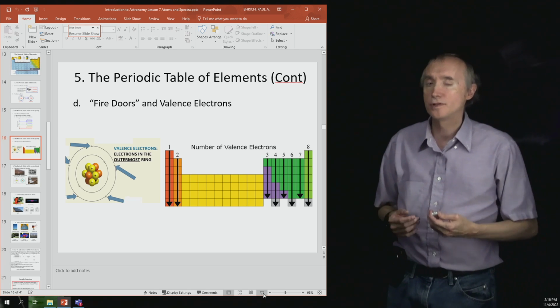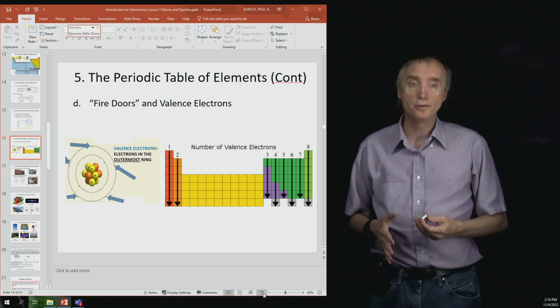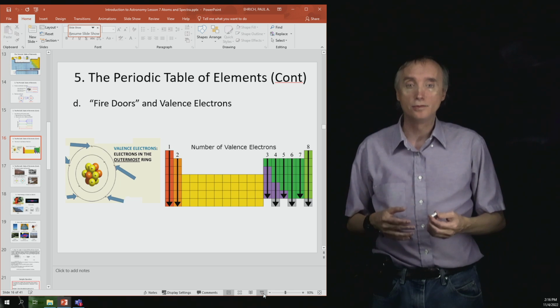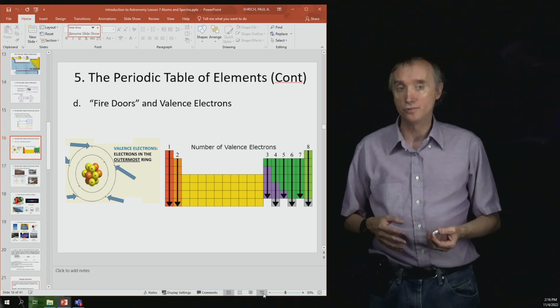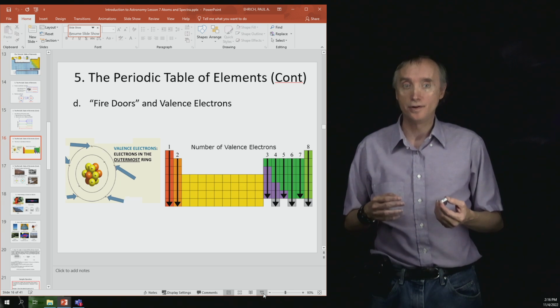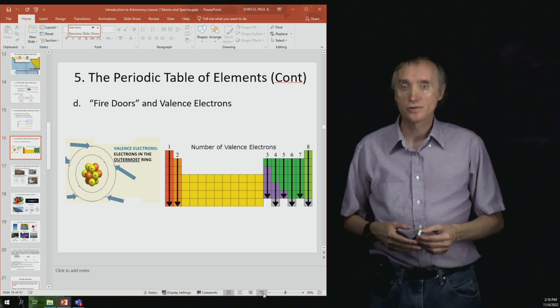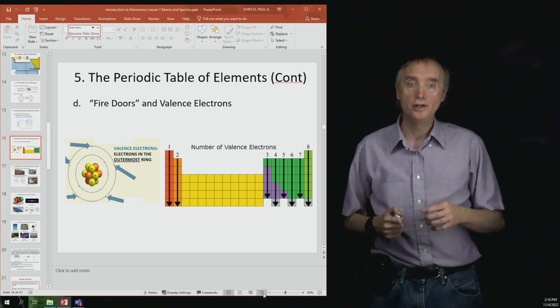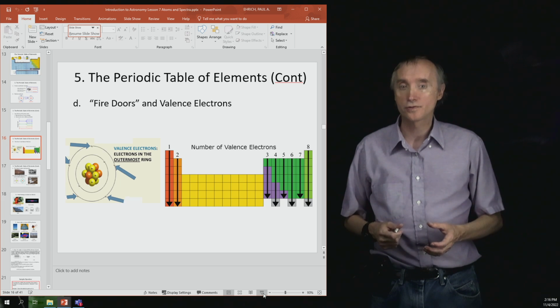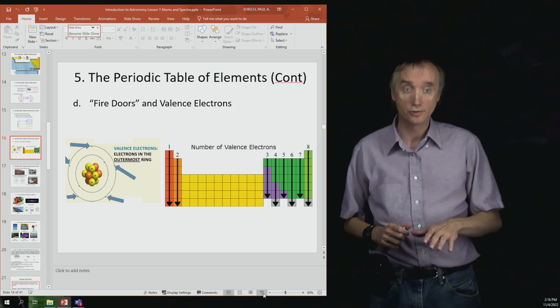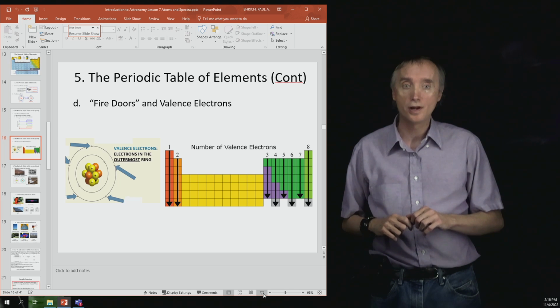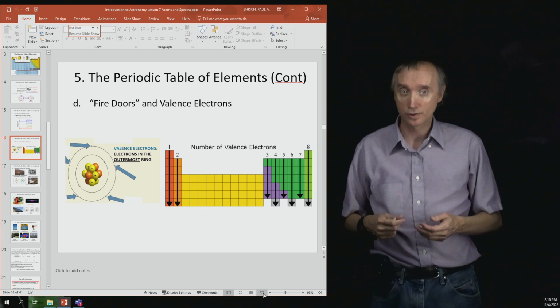Now, in chemistry, there is a magic number that elements want to attain with their outermost electrons, and the number is 8. If an atom can get 8 outer electrons, it would be very satisfied. It would have a low energy, and it really would not participate in any chemical reactions.